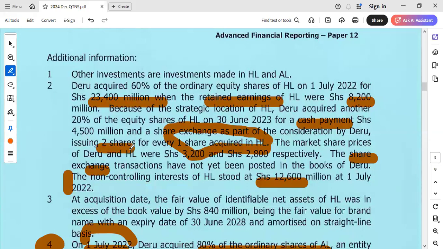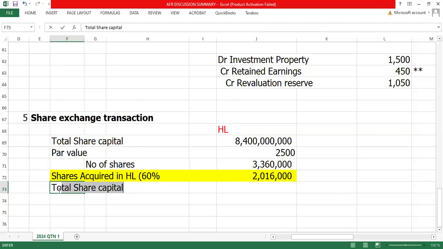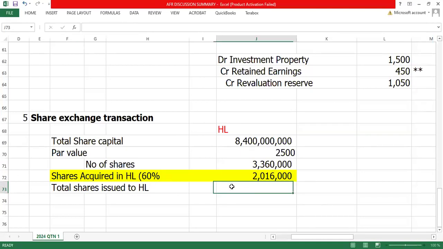And what does that mean? It means that the total shares issued to HL is 2 times this, because for every 1 share I acquired in HL, I am issuing 2 shares.